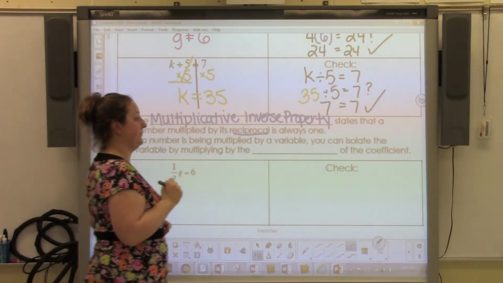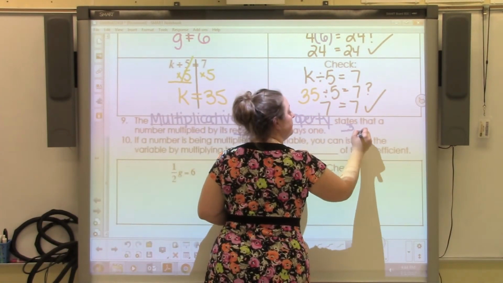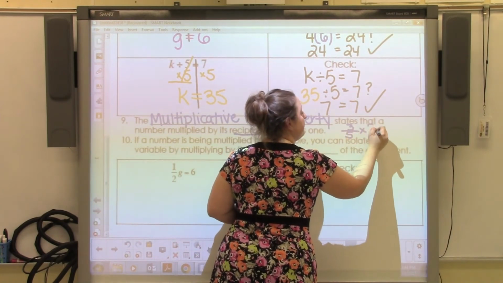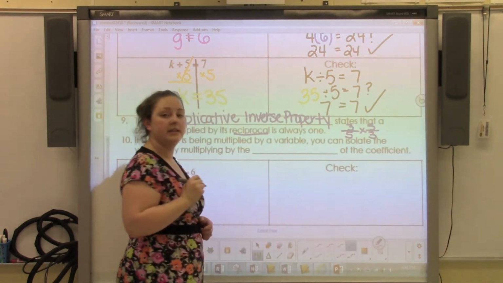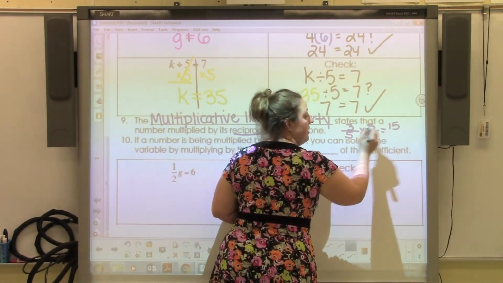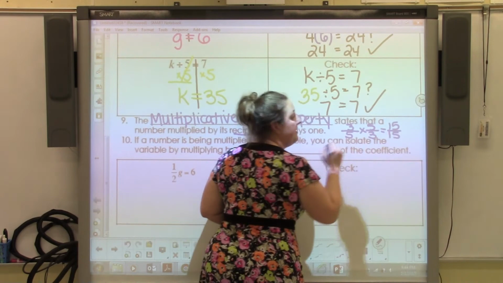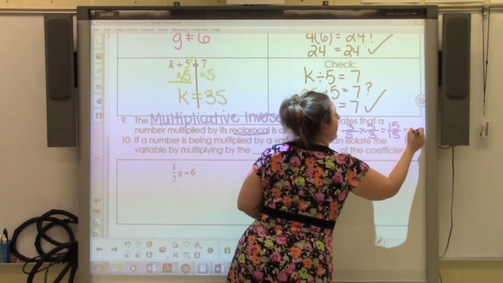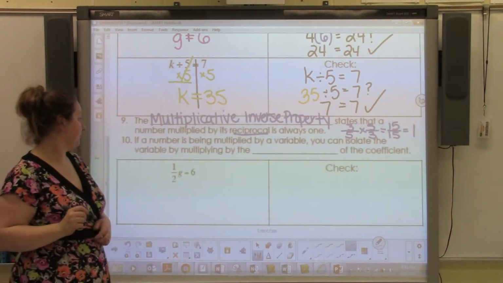For example, 3 over 5 times 5 over 3 is going to give me 1. 3 times 5 is 15, 5 times 3 is 15, and 15 divided by 15 is in fact 1, so this is true.